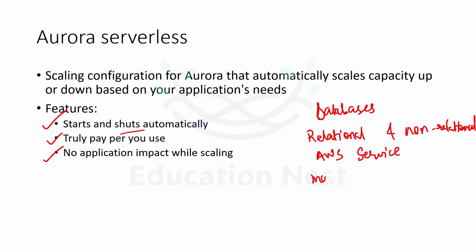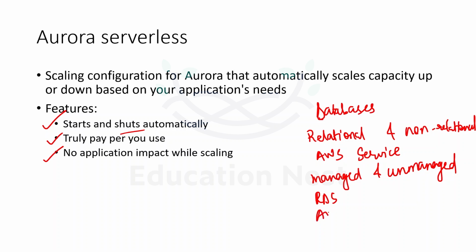We have talked about managed and unmanaged database services, the difference between the two, and the use cases for the same. We have talked about RDS, its features like multi-AZ deployments, multi-AZ failovers, read replicas, right? Then the database engines that RDS supports.